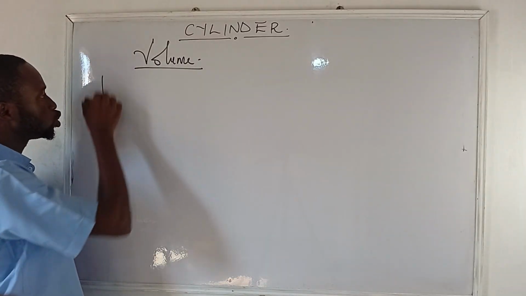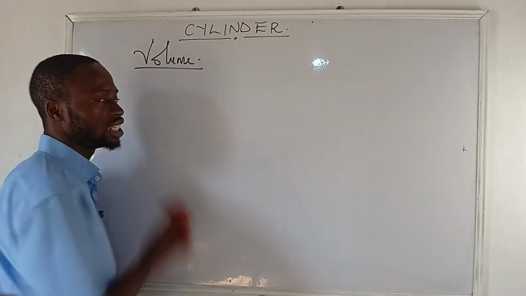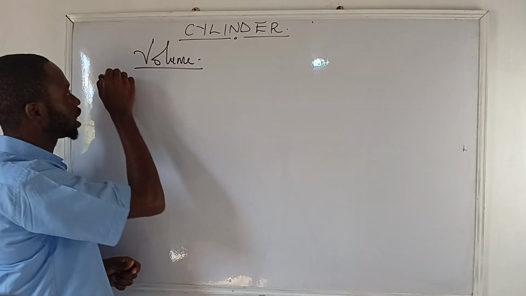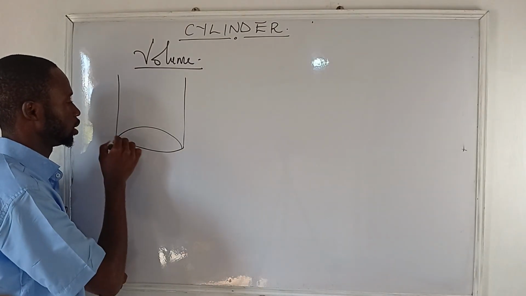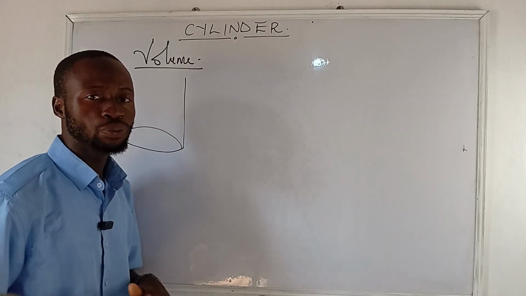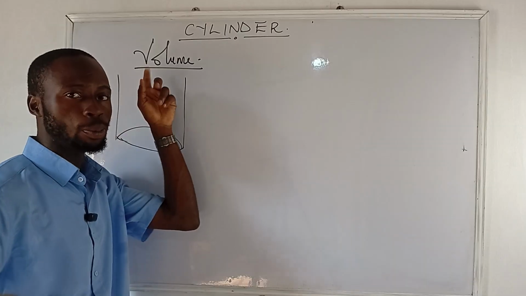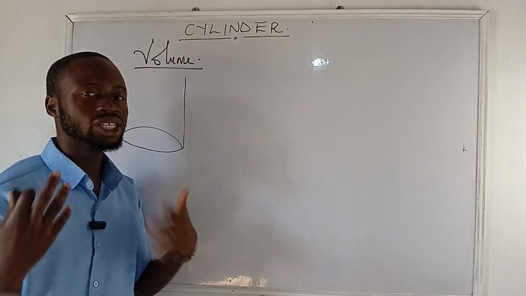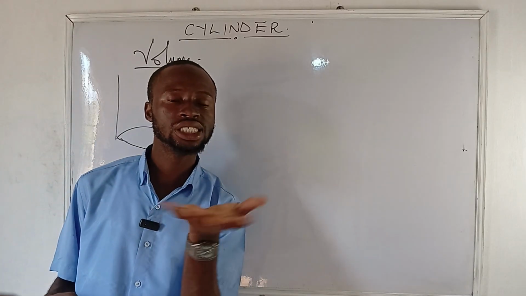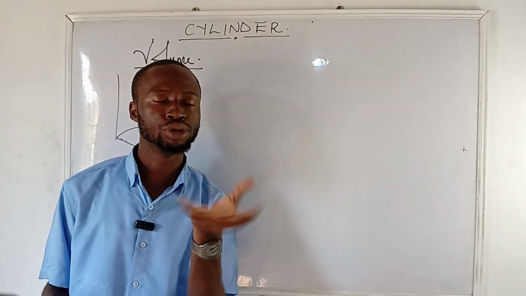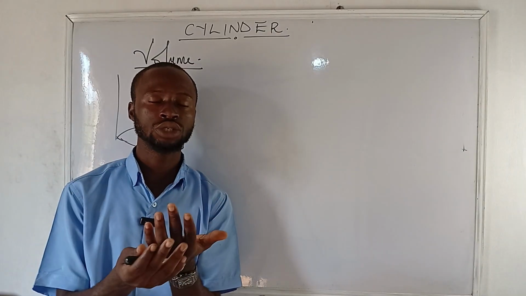So if I'm going to consider the volume of the cylinder, then basically I'm talking about the capacity, what it can take, what it can contain. That means I basically don't need the top part of this cylinder because I'm only talking about the capacity, the intake. I only need the bottom covered with a circle, and then the rectangle, that is the curved surface area, is still there.